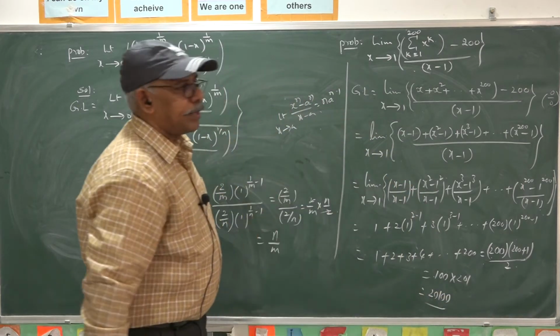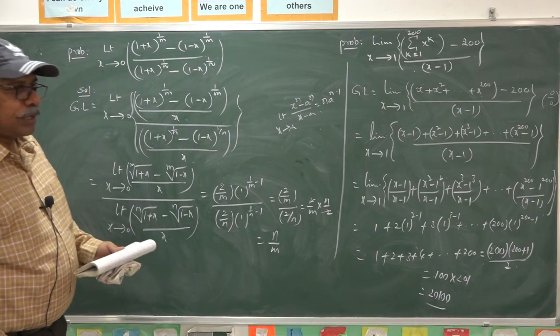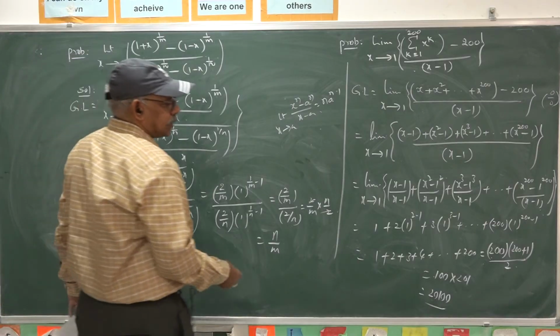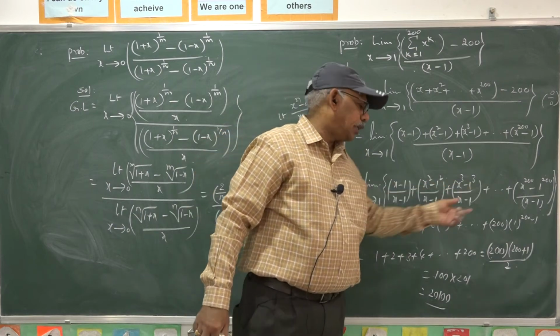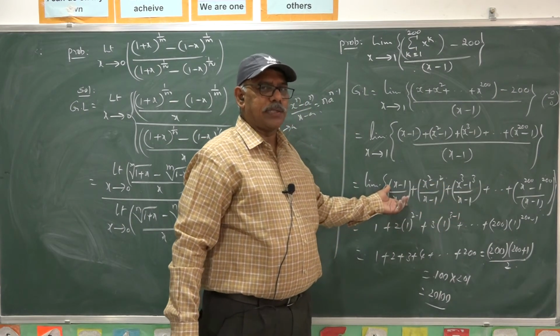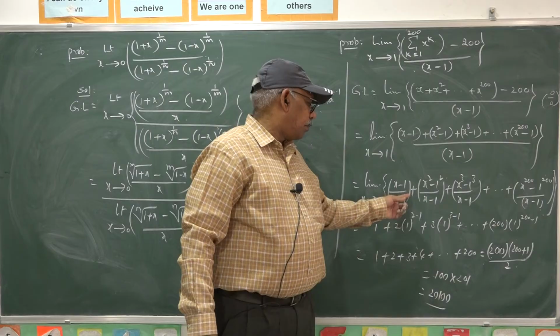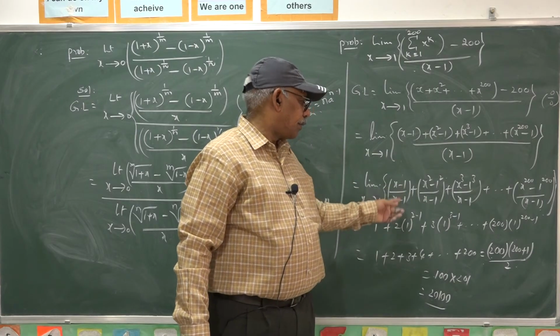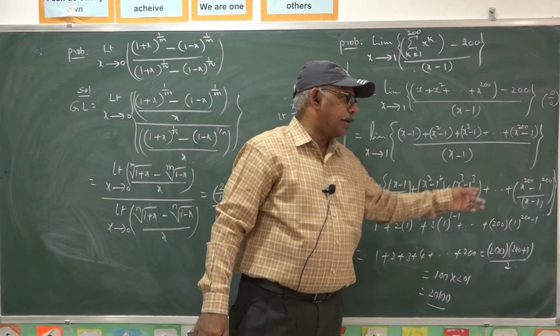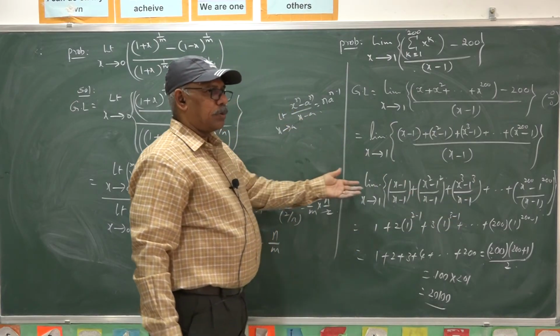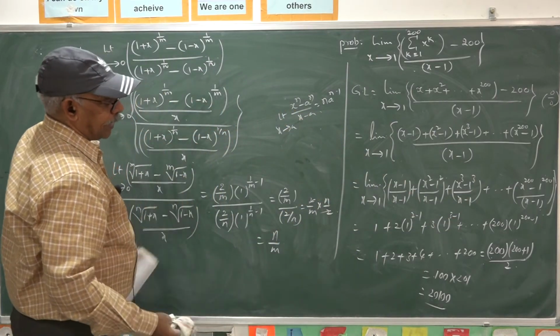That is the required limit value, 20,100. I just applied this formula to each and every term. This is clearly 1 itself. So, you can remove this common factor and you get 1 here, and for remaining terms you can apply this formula to get the limit value.